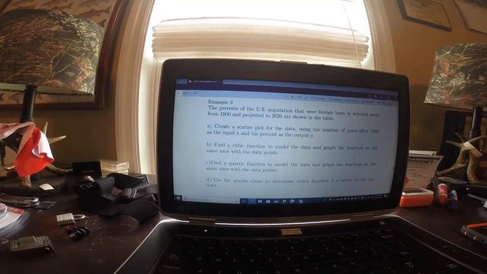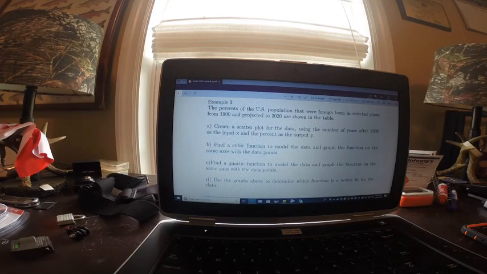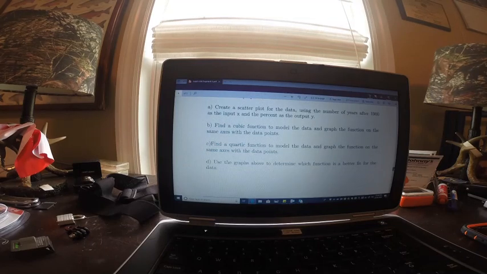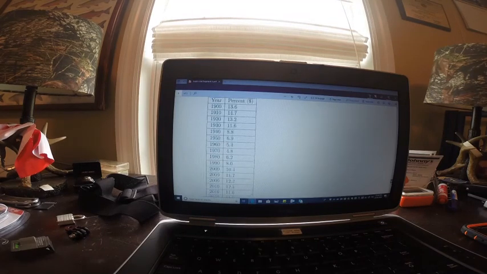A wants us to create a scatter plot for the data using the number of years after 1900 as the input X and the percent as output Y. Okay, so the biggest thing to note here is X is the number of years after 1900. So our initial X in 1900 is actually a 0.